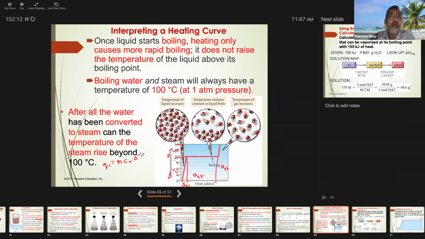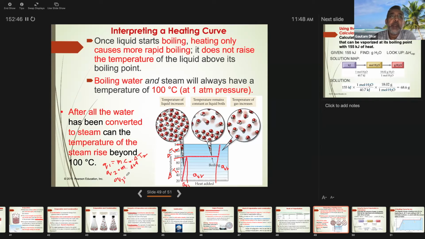And Q2, so what is my Q2? It is the melting, or in this case, boiling, not melting, but melting is basically the same idea. So Q2 equal to M multiplied by delta H. So in this case, it is delta H of evaporation. And Q3, M is now steam, right?